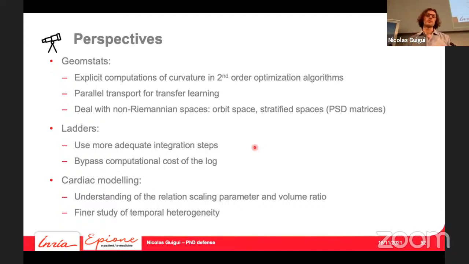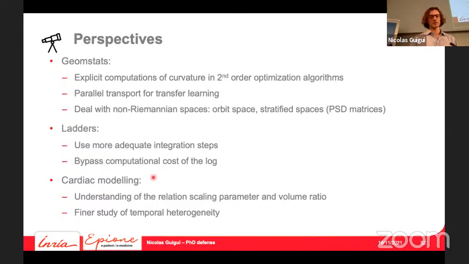For example, we could use more adequate integration schemes depending on the geometry of the space, for example, on homogeneous spaces or on Lie groups. But the main challenge remains to bypass the computational cost of the log. And maybe this could be done by using a generalized midpoint rule that doesn't involve the separate computation of a log and an exponential, or by using a retraction of a sufficiently high order and its inverse.